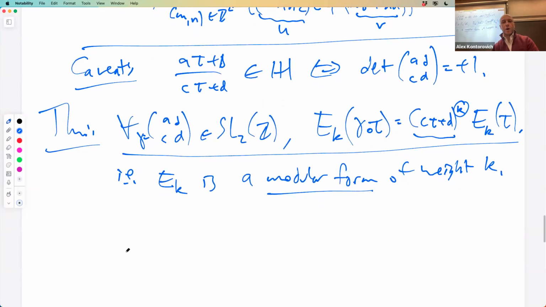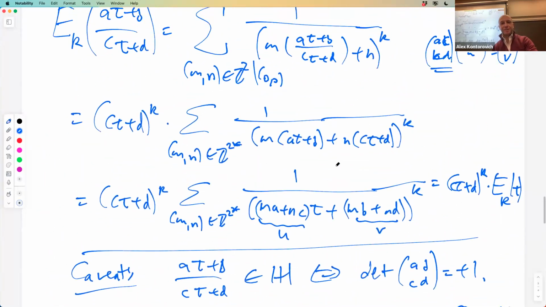So in other words, I was about to say what ek does on a fundamental domain determines what it does everywhere, but it's not invariant under this transformation. It has this factor. Fine.